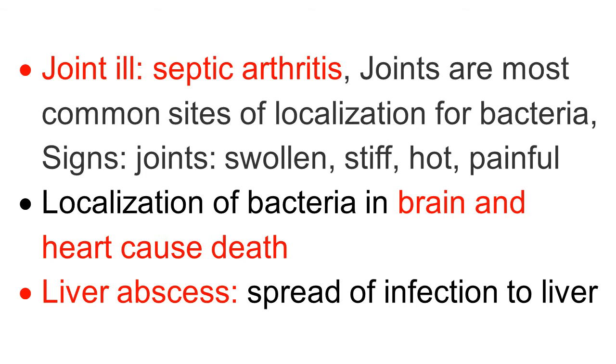This is a serious condition. The joints become swollen, stiff, hot, and painful. Localization of bacteria in important organs, brain and heart, causes death. Spread of infection and localization in the liver causes liver abscess.